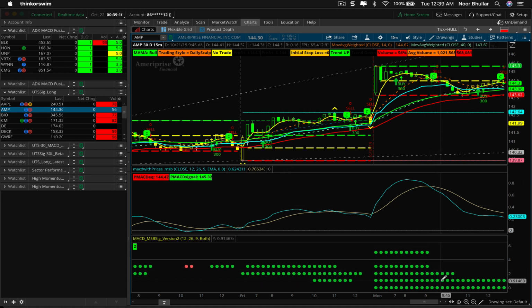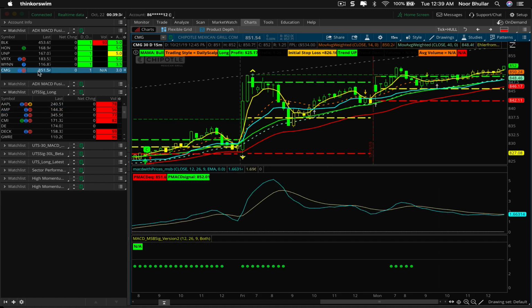Now, as you can see, the hourly time frame and the day time frame are completely in your favor. So this is nothing but a small retracement that's happening while the bigger picture continues to be intact. So just by looking at this signal, you can stay in the trade much longer as opposed to getting shaken out very quickly.